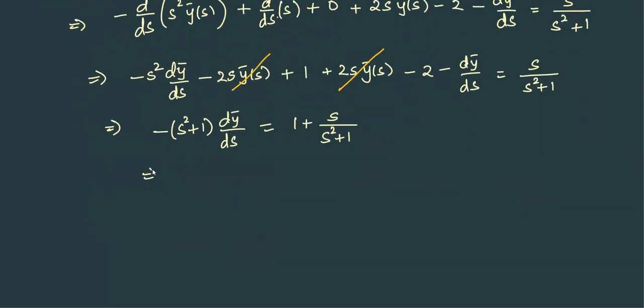Now dividing by s square plus 1 with a minus sign, we get minus 1 upon s square plus 1 minus s upon s square plus 1 the whole square. So this is t sine t.